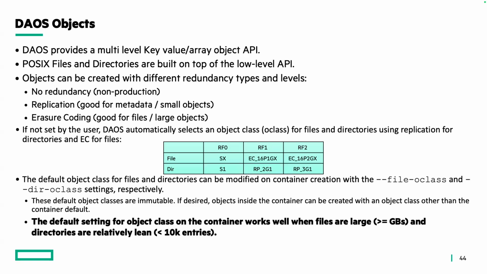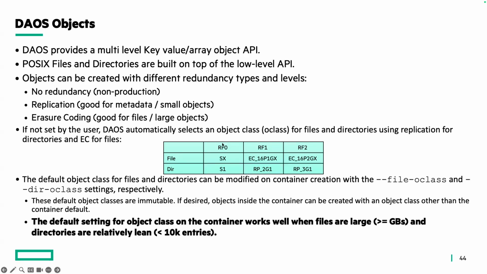If not set by the user, DAOS automatically selects a default object class, which controls the striping and the redundancy scheme for objects, for files and directories in that container. By default, it uses replication for directories and EC for files.